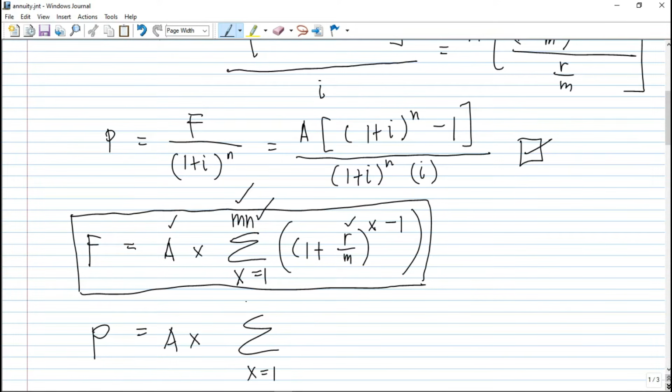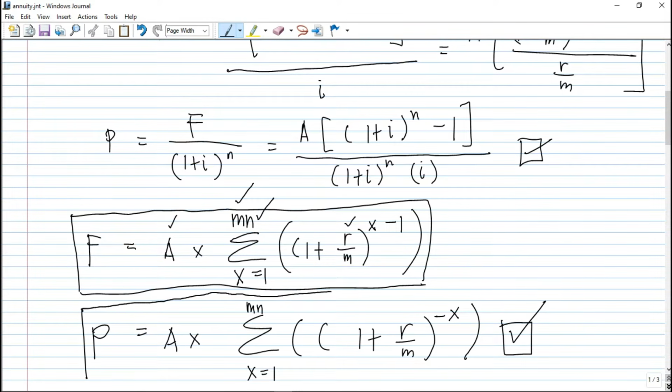That is ordinary. mn dito. Then, you have here, so 1 plus r over m. Then, dito maglalagay lang tayo ng negative x. That's your present cost. So, this is the calculator technique. So, this is the exact look sa ating mga calculator. So, na-devise ko to or na-derive natin tong formula using the concept.